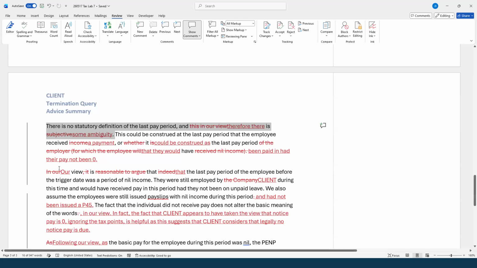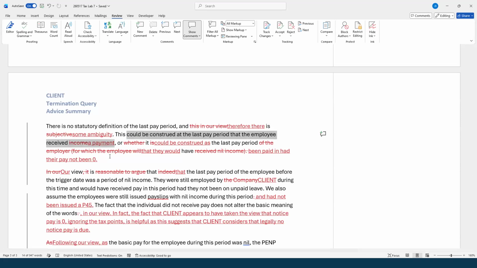This could be construed as the last pay period that the employee receives a payment in, or it could be construed as the last pay period that they would have been paid in had their pay not been zero. So essentially, there are two options here for the last pay period. It's either the last pay period where they received zero pay, or it's the last pay period where they received some pay. So those are the two options.